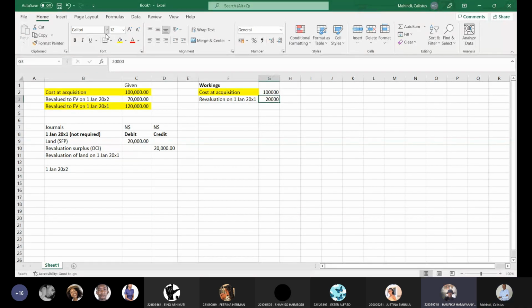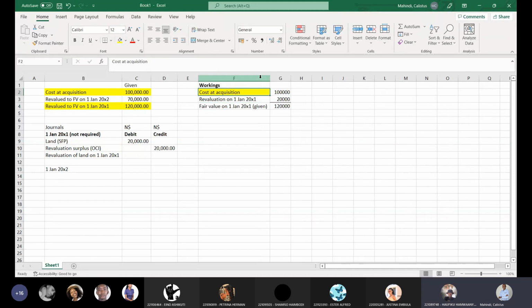And our fair value on 1 January 20x1 was 120,000. So this we were given, and we were also given the cost at acquisition.